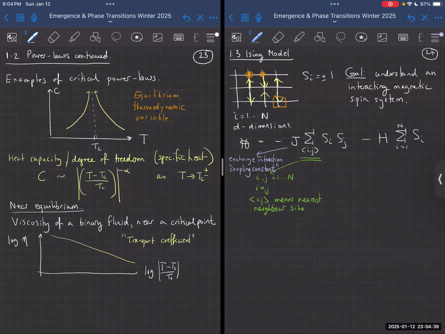Then this H over here is an external magnetic field. And the external magnetic field couples through the usual dipole interaction to the magnetization of the system, in other words, to the sum over spins. So we can think of J and H as being coupling constants.